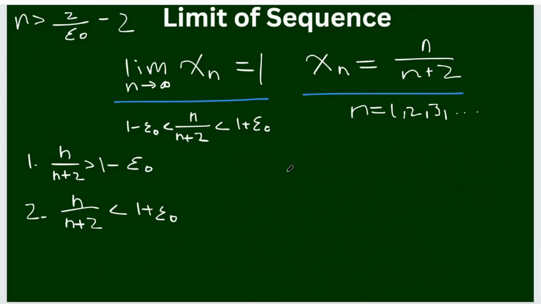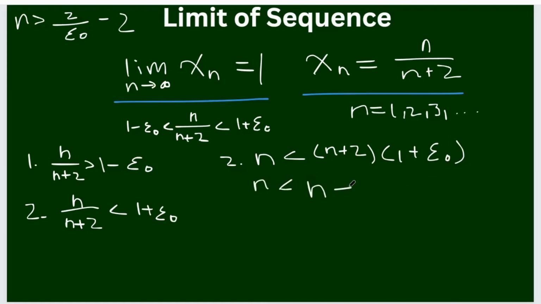For the second part, we again multiply n plus 2 on both sides, so n is smaller than n plus 2 times 1 plus epsilon 0. Multiplying through, that's 1 times n plus n times epsilon 0, so epsilon 0 times n, and then plus 2, and then plus 2 epsilon 0. These n's can cancel out.